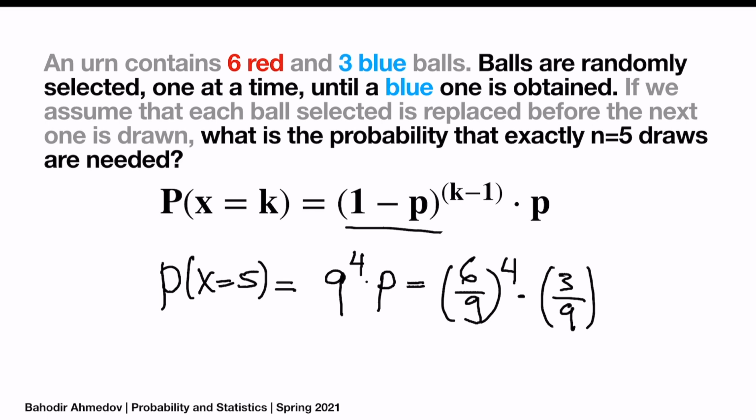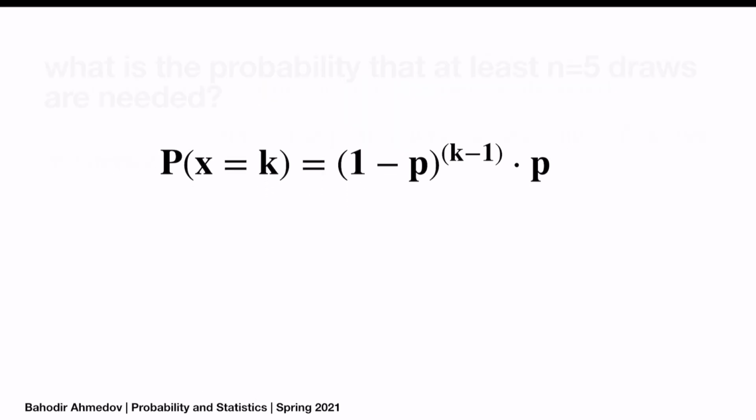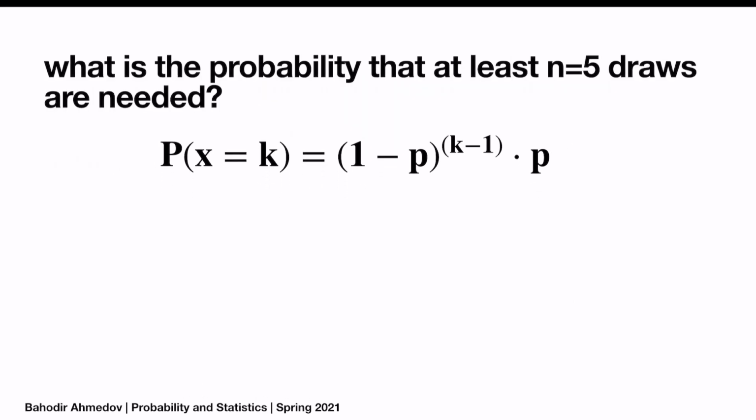Okay? This is how we evaluate the probabilities if we would like to know the probability of having success in exactly a specific trial. But most of the time, what we are required to find is the number of trials which we need, so the number of trials is going to be either more than 5 or less than 5. There are many different situations where we need to evaluate the probabilities.